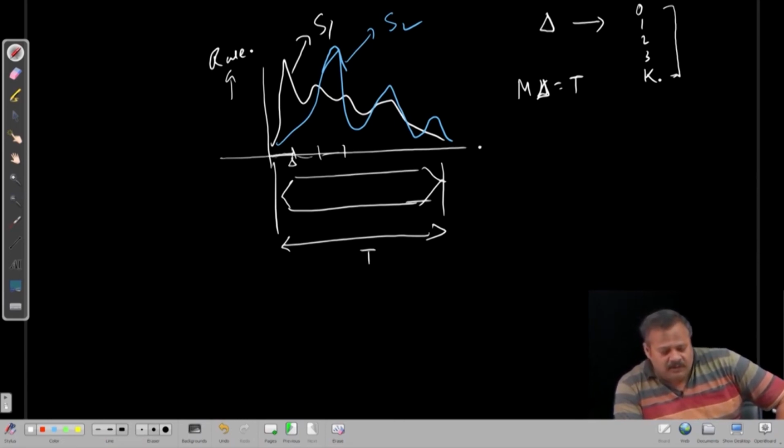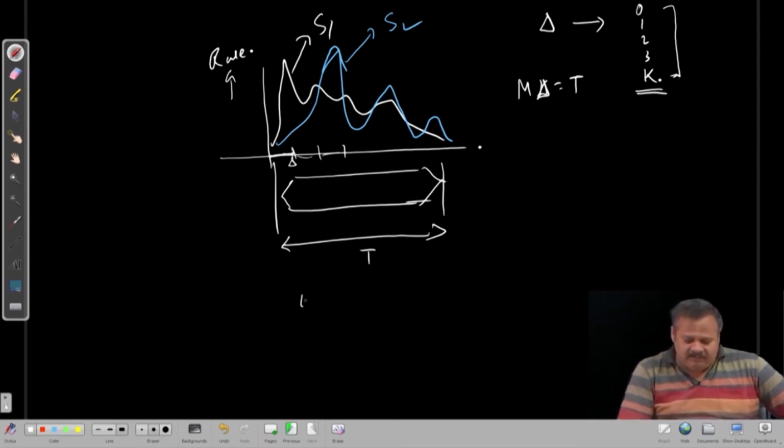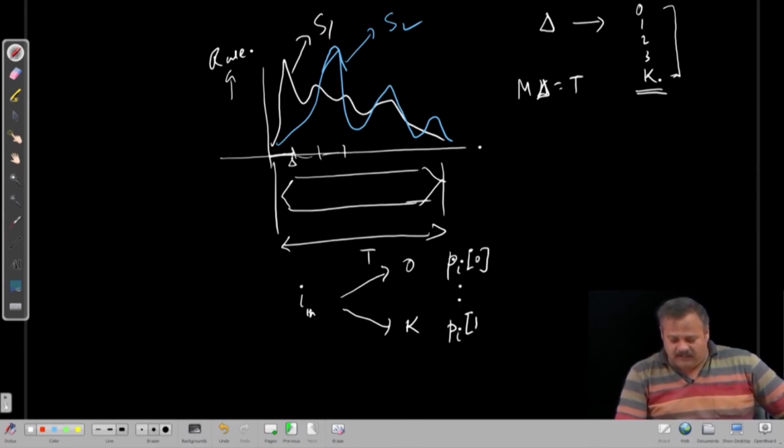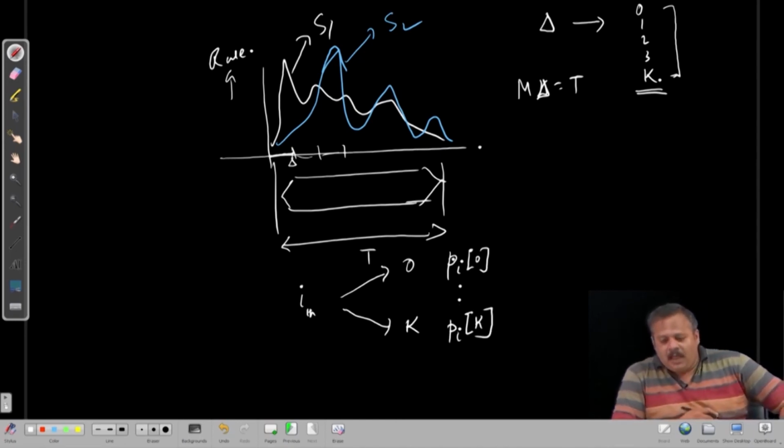Next, what is the probability of observing 1 spike in bin 1, and similarly for S2, and go up to what is the probability of observing K spikes. So, the response in the ith bin takes on values from 0 up to capital K, with probabilities in the ith bin Pi of 0 up to Pi of K. So, there are K plus 1 possible values.